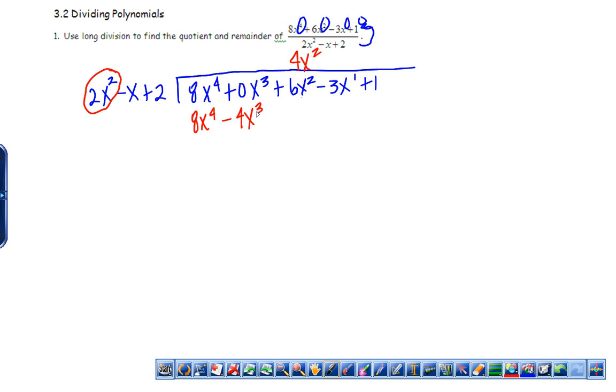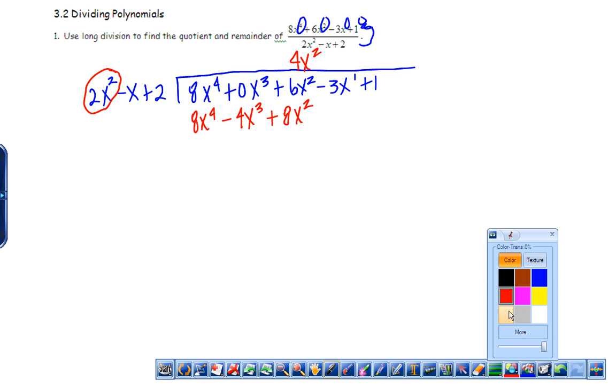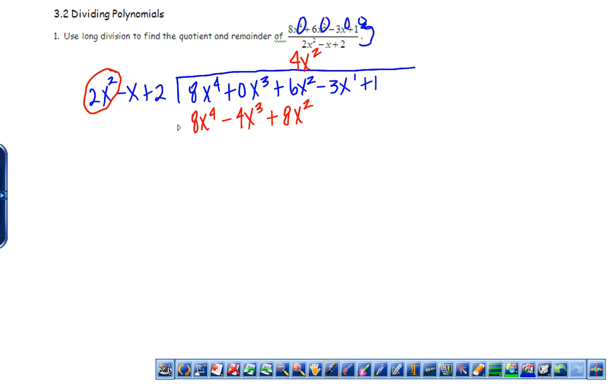You notice the exponents are lining up. 4x squared times 2 gives me a positive 8x squared. Now, I'm going to draw a line, and change all my signs. Okay, now this cancels. I end up with a 4x cubed and a negative 2x squared.